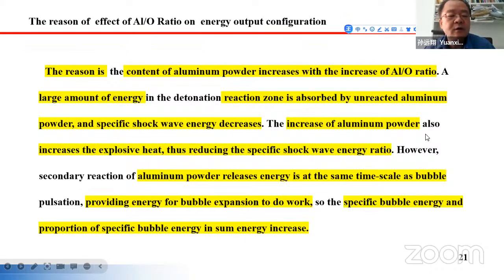The aluminum powder also increases the explosive heat, thus reducing the specific shock wave energy ratio. However, the secondary reaction of the aluminum powder releases energy on the same time scale as the bubble pulsation, providing the energy for bubble expansion to do work. So the specific bubble energy and its proportion in the total energy increase.